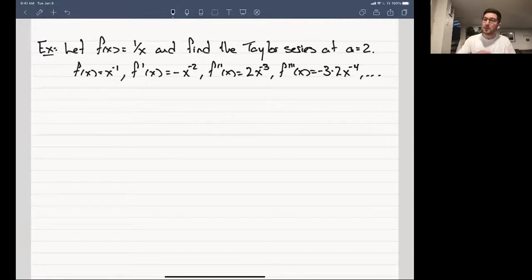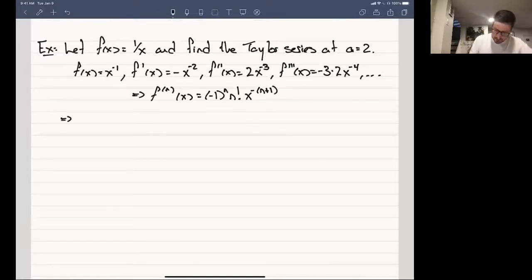If you don't, keep taking derivatives, keep looking for that pattern. In general, the nth derivative of this function is given by minus 1 to the n, we alternate between positive and negative, times n factorial, that's the 3 times 2, and it could be 5 times 4 times 3 times 2 if you're doing the fifth derivative, times x to the minus n plus 1.